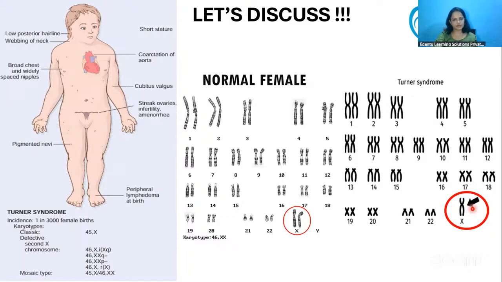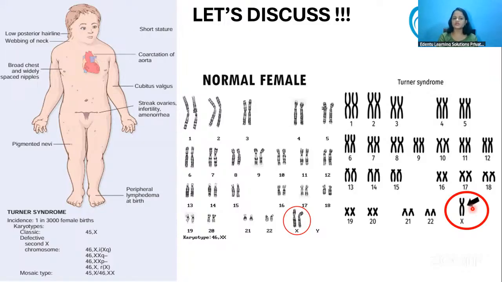So the karyotype of a female who has Turner syndrome will be 45X. Only one X chromosome is missing, so totally we have 45 with X only. In some journals and textbooks they use 45XO. That's also right, 45X or 45XO.